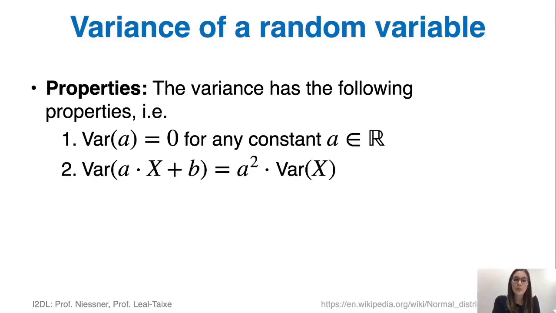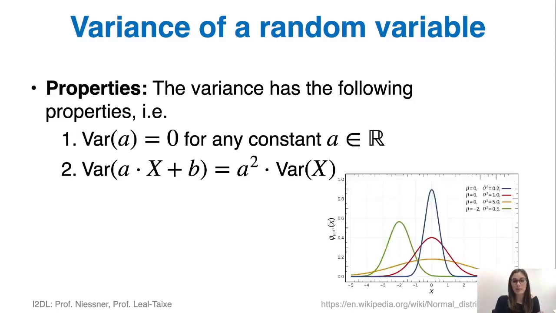Now if you look at a random variable x and you take a new random variable which is defined as a times x plus b, you obtain for the variance of this new variable that it's equal to a to the power of 2 times the variance of x. So the constant part in our term just vanishes, and the scalar which is multiplied to our random variable gets pulled outside, but you have to take it to the power of 2.